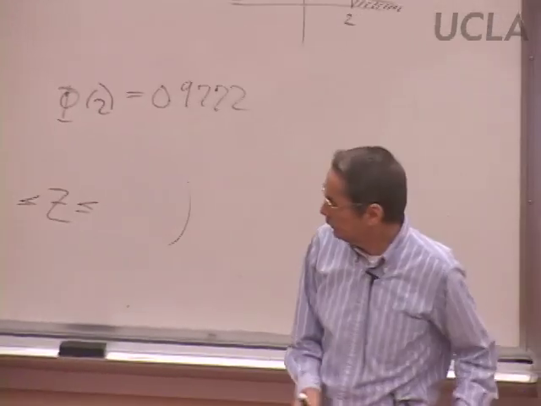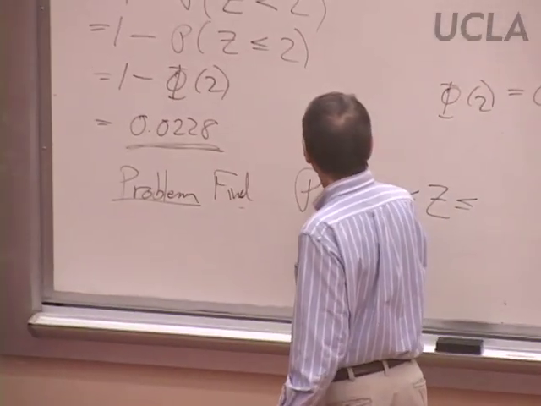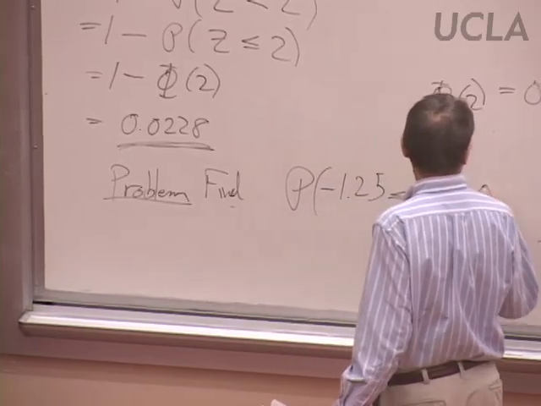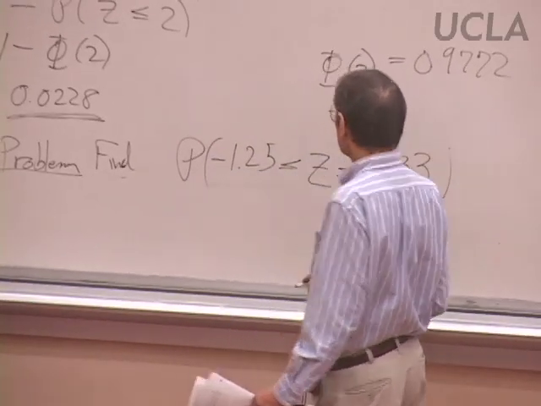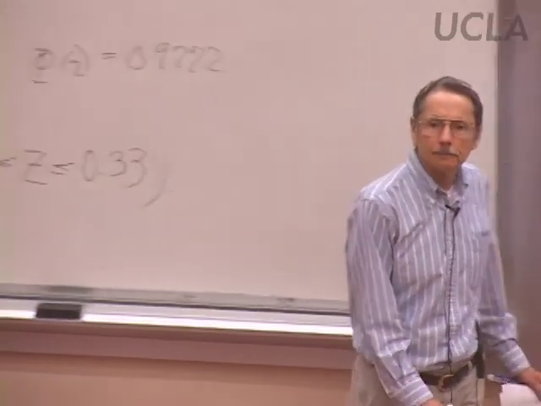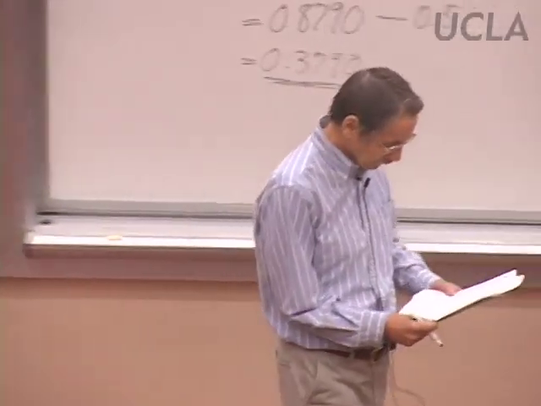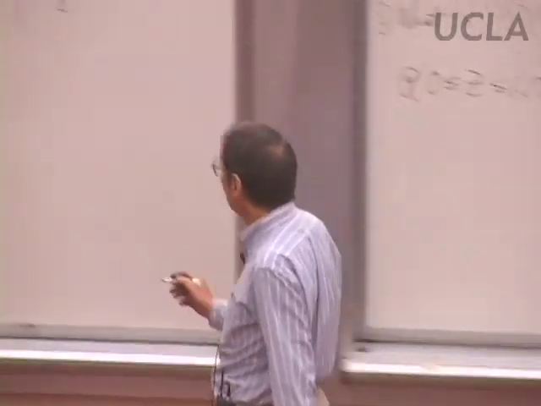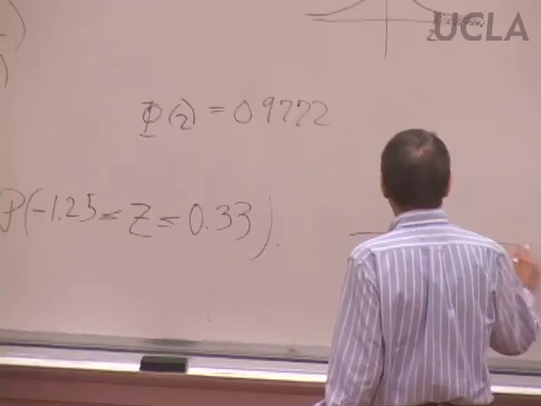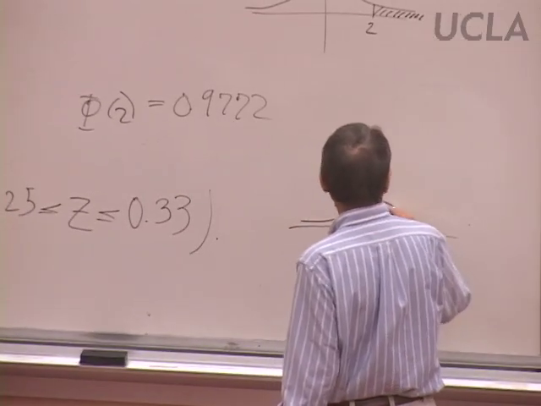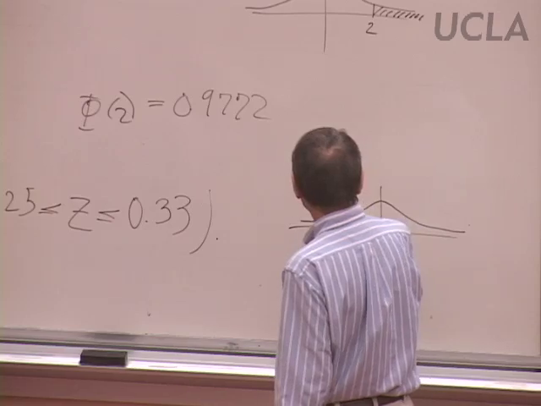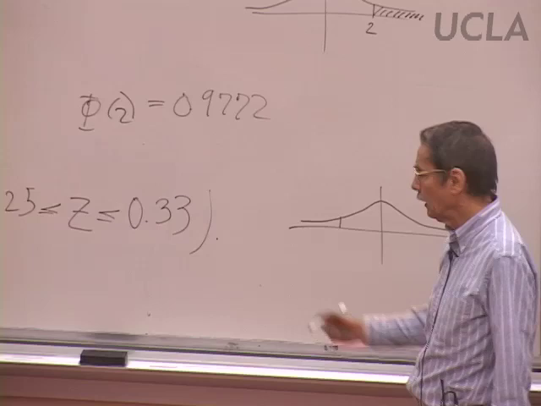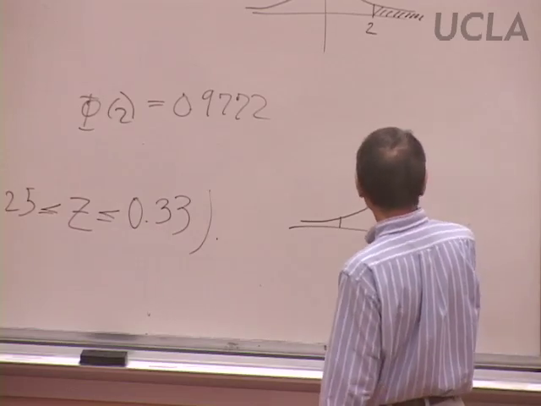Here are some numbers: minus 1.25 up to 0.33. Before we do anything, we'll draw the picture. Minus 1.25 is a little to the left of the inflection point. 0.33 is right up there.